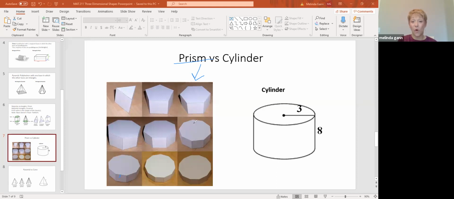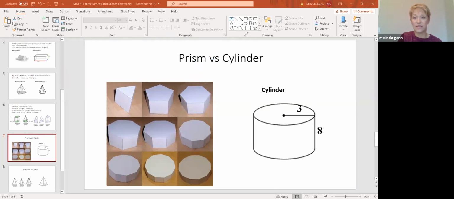So the more sides on the base, the closer a prism gets to looking like a cylinder. All right, but it's not curved because these little segments are still straight. But when we get to volume and surface area, that's going to be important. So prisms and cylinders aren't the same because cylinders have a curve and prisms do not, but you see these start looking more like one of those.